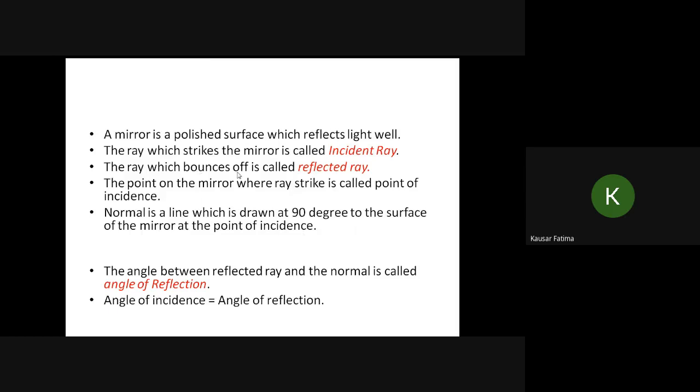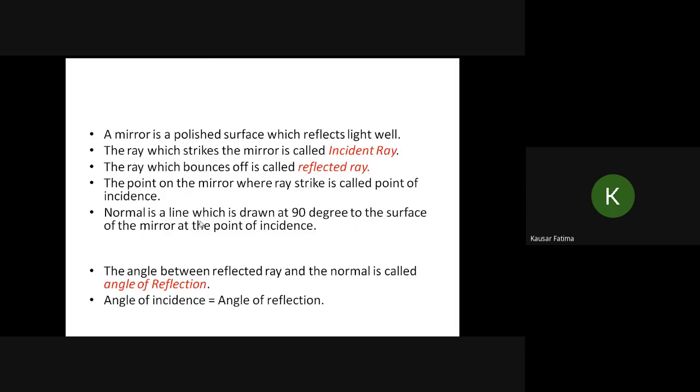A mirror is a polished surface which reflects light well. A ray which strikes the mirror is called incident ray. The ray which bounces off is called reflected ray. The point on the mirror where ray strikes is called point of incidence.